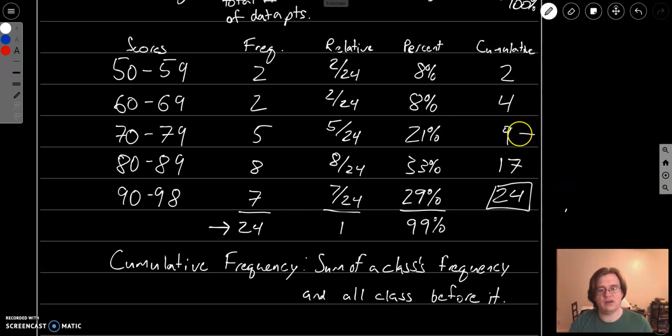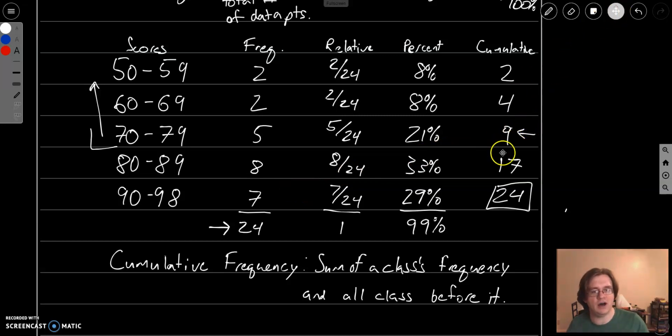Likewise, when we look at any particular number, for instance 9, this should be the sum of all the frequencies from that class and above. So this is exactly what cumulative frequency means.